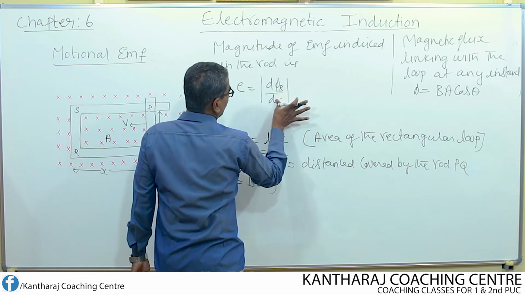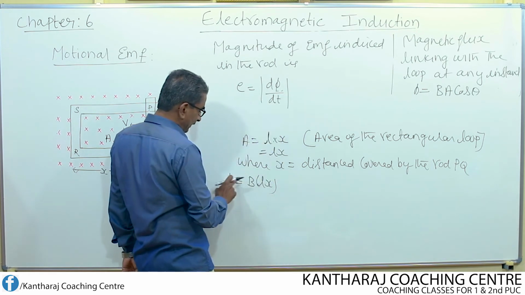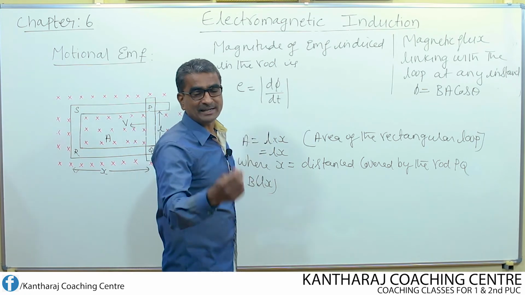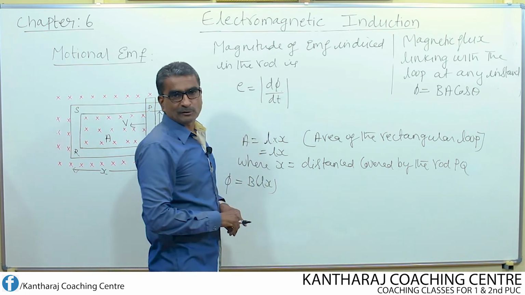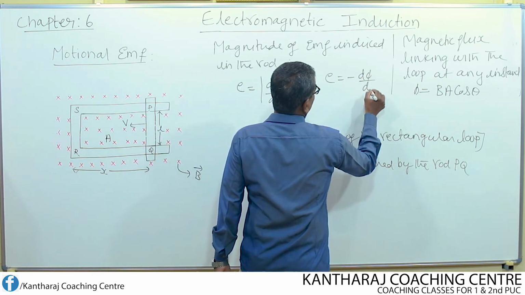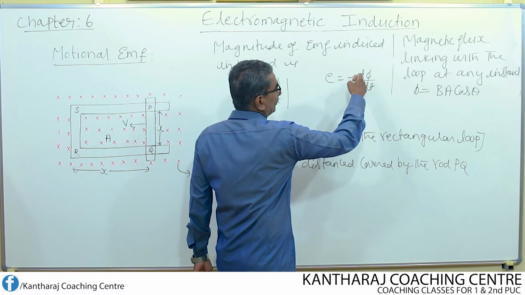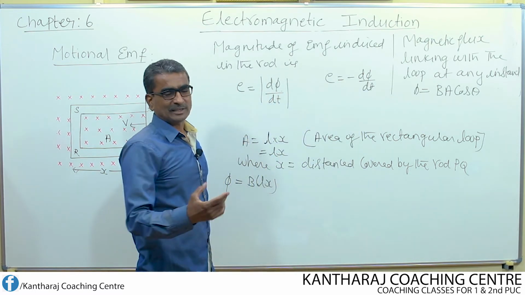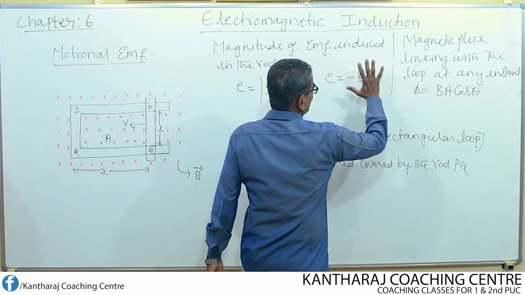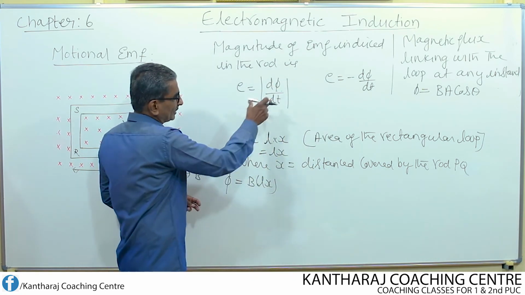I am considering only the magnitude, so d phi by dt is inside the modulus sign to avoid the negative sign. If I do not use the modulus sign, E equals minus d phi by dt, where the negative sign indicates that the direction of induced EMF is such that it always opposes the change of flux. That is the meaning of the negative sign. Just to avoid the negative sign, I consider only magnitude, and write it inside the modulus sign.